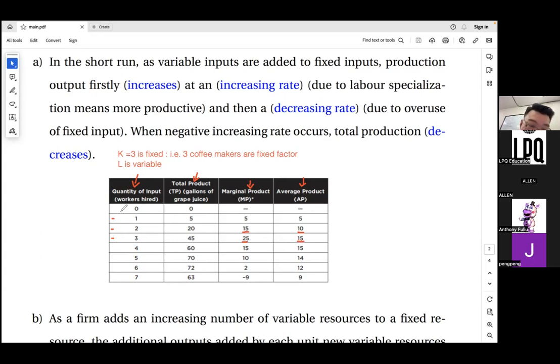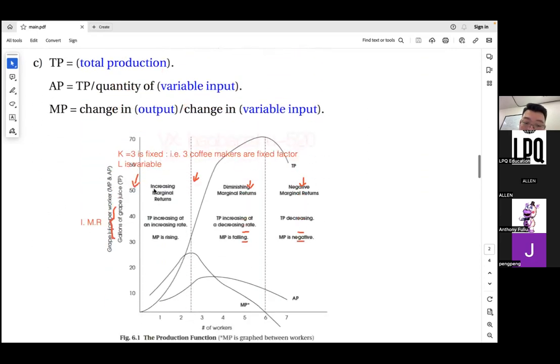Okay, so from 0 to 3, let's add one more label here. This is the first stage of our overall production process. This one can be called increasing marginal return. What do I mean by IMR? IMR means increasing marginal returns.